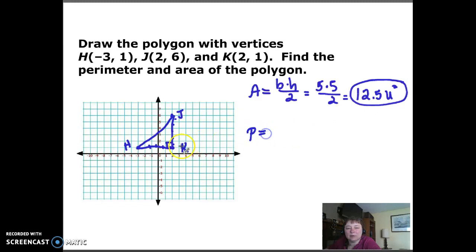My perimeter. Add up the sides. Remember we said this was 5, we counted the squares. This was 5. So 5 plus 5 plus, we just need to find HJ. Need to use the distance formula to do that.